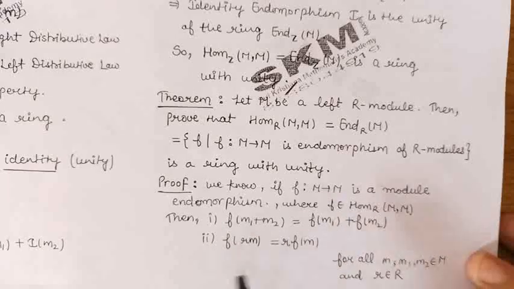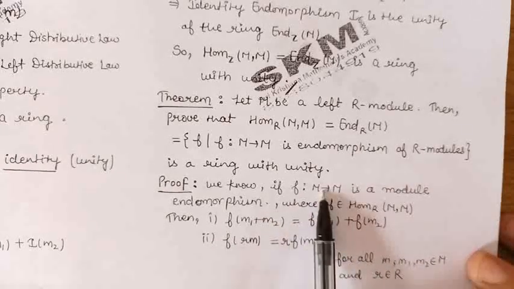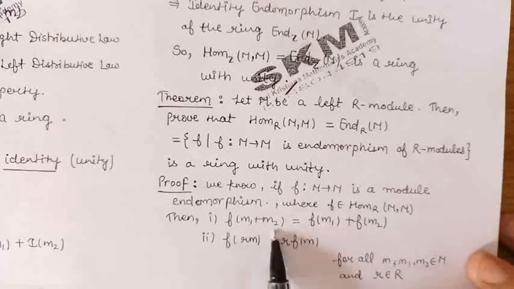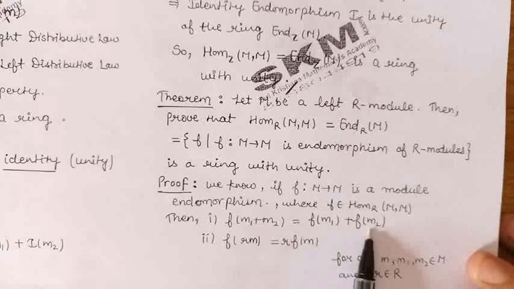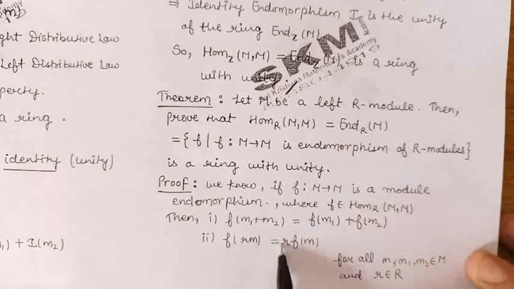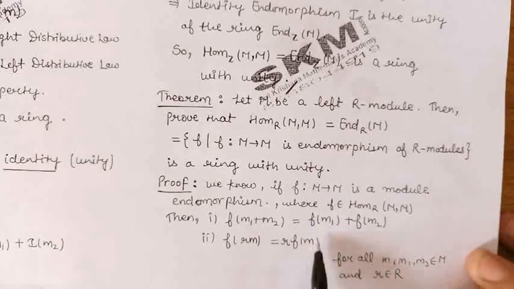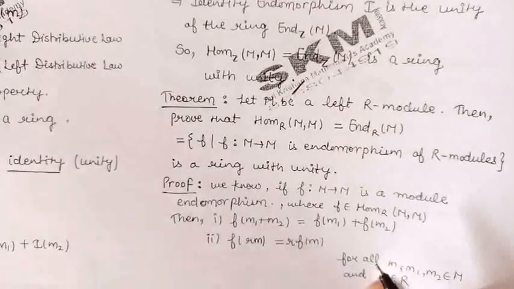First condition, for two elements M1 and M2 belonging to M, image of M1 plus M2 is equal to image of M1 plus image of M2. And for R belonging to ring R, image of Rm is equal to R into image of M. This M is the element of module M.